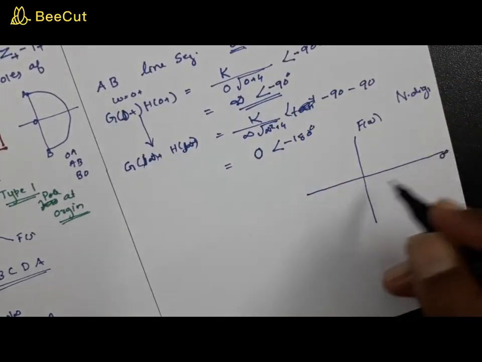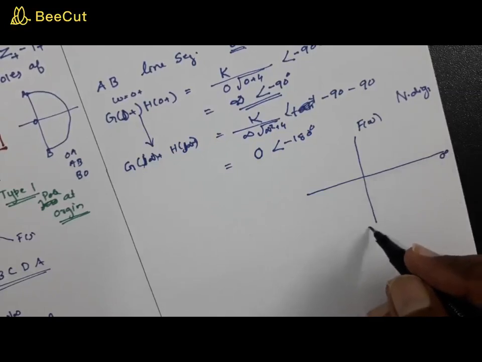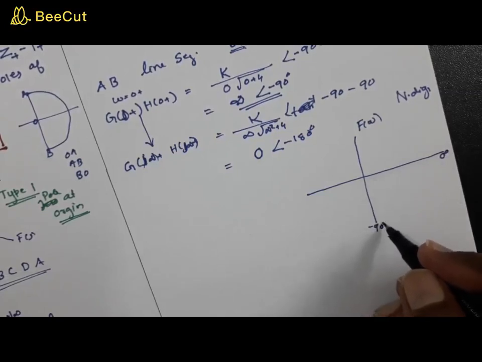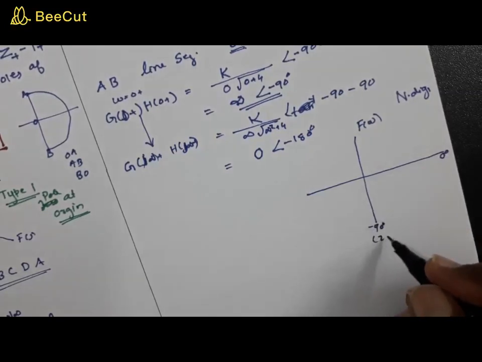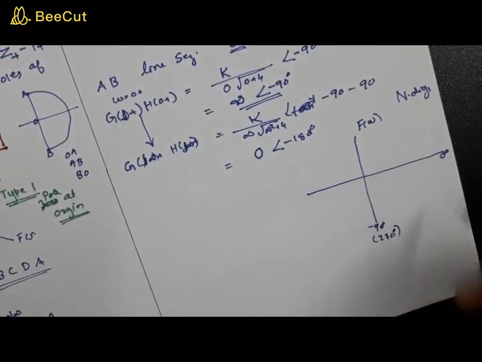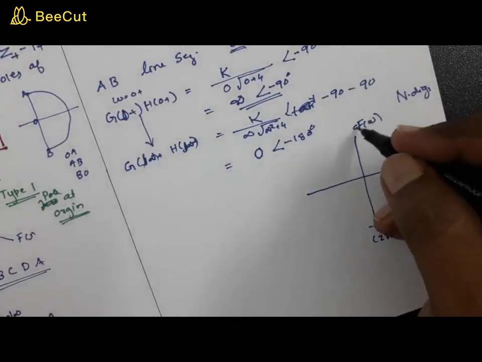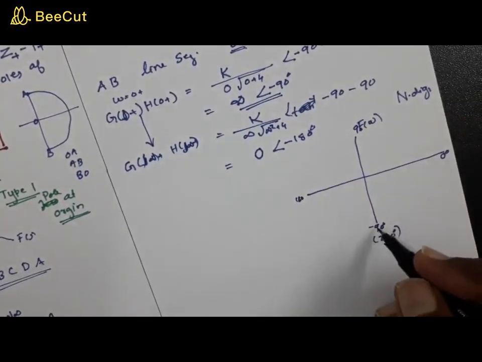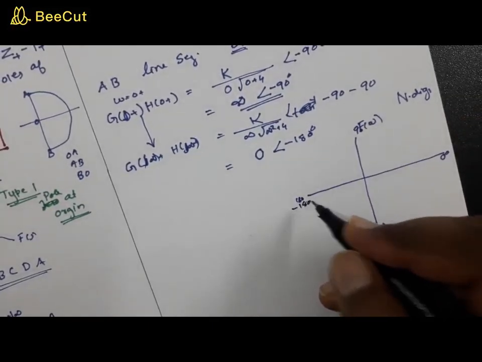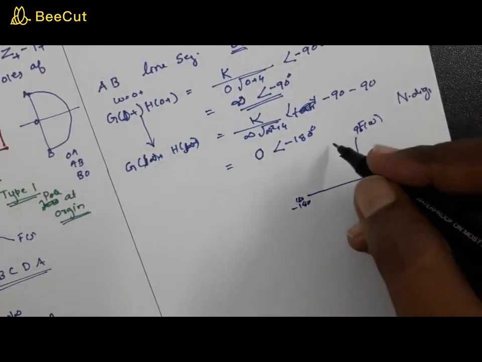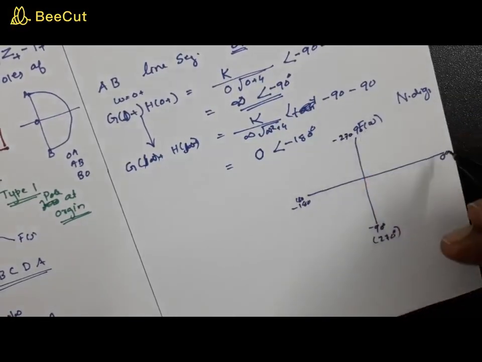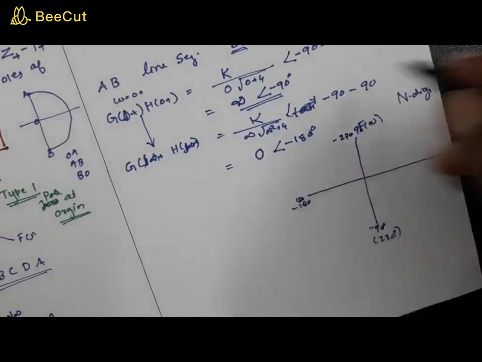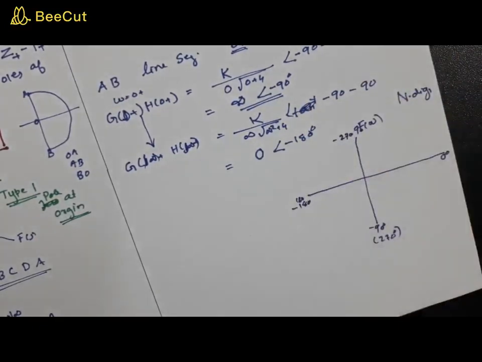If this is 0 degree, this is minus 90 degree. This is actually 270 degree. So this is 0, 90, 180, and 270. This is minus 180, and this will be minus 270. In the clockwise direction, this will be the angle.